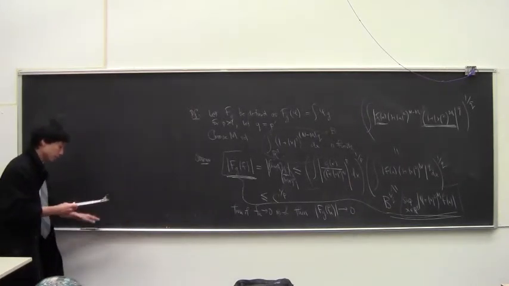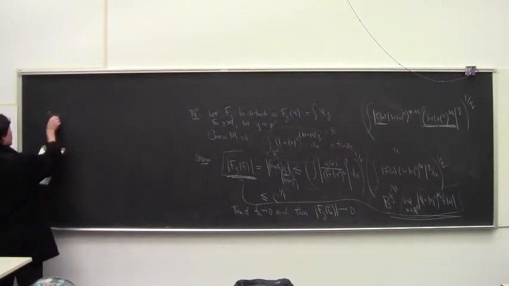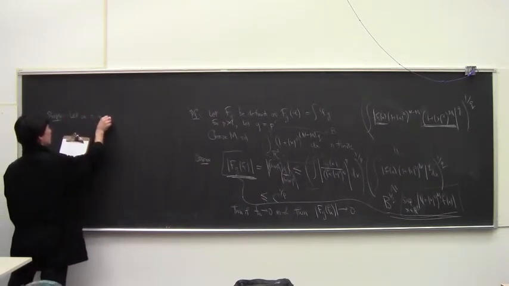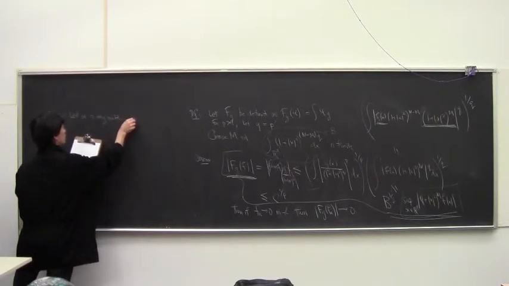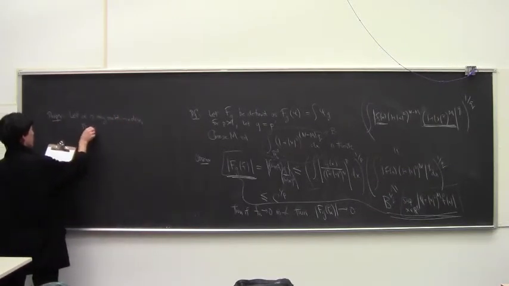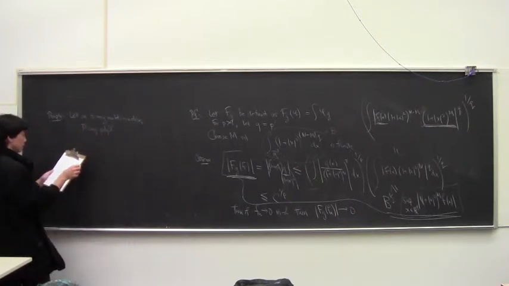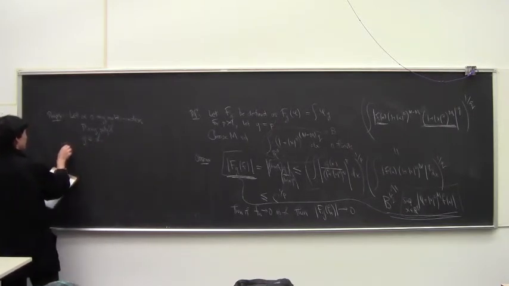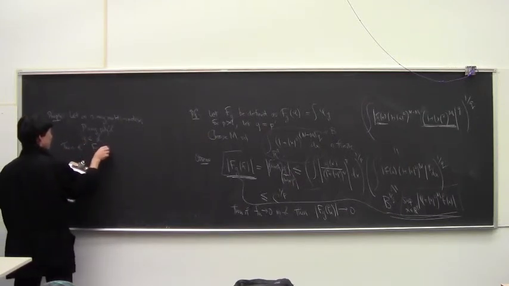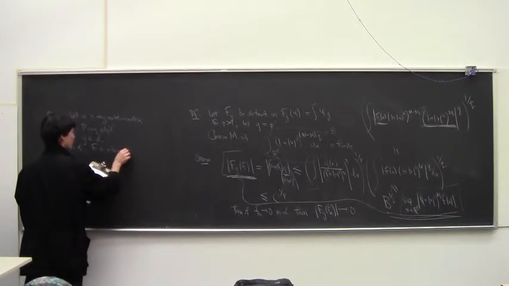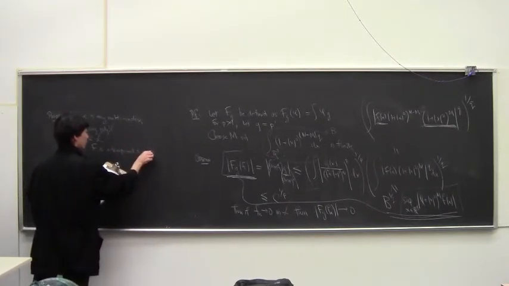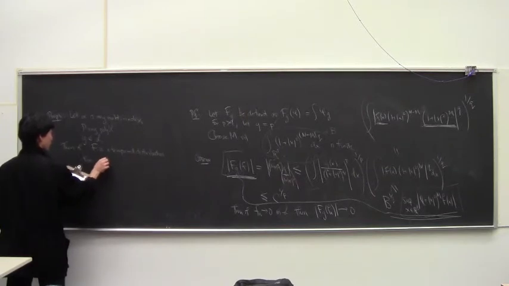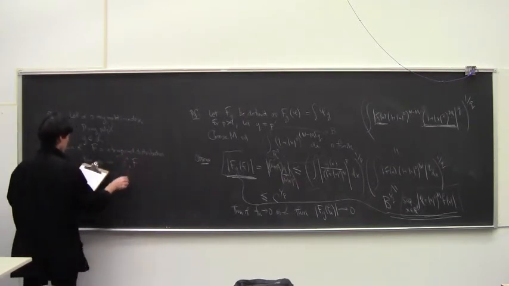To further expand this, if A is any multi-index, P any polynomial, G any Schwartz function, then if F is a temperate distribution, then so are its derivatives.